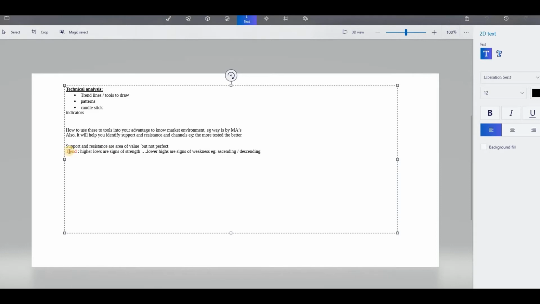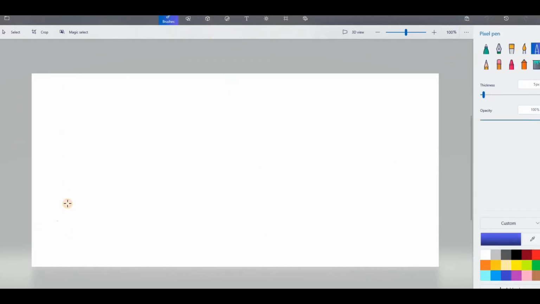Trend lines can be bullish, going higher, and you can also draw descending trend lines. What I mean is, if you have a trend going up like that, this is what I call a trend line, by the definition of higher highs and higher lows.